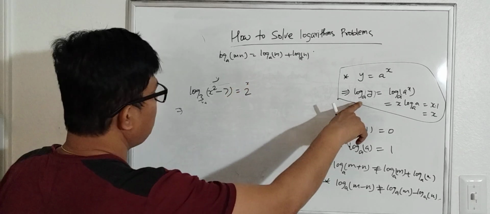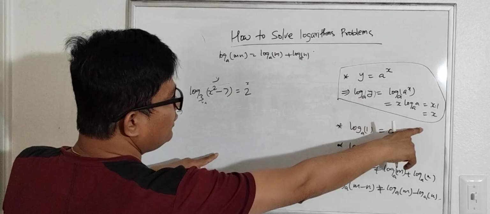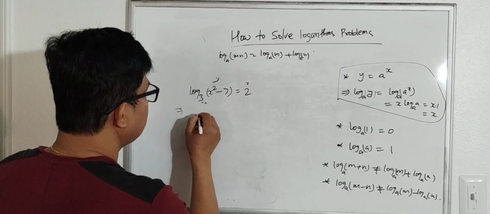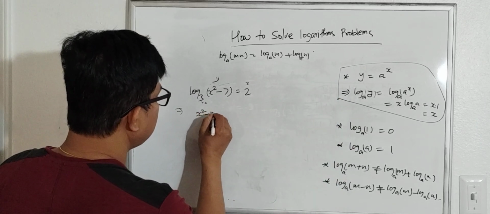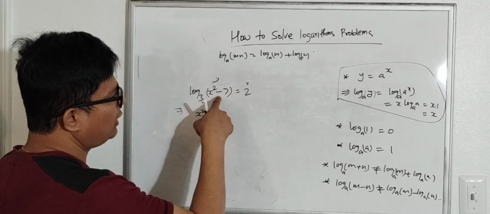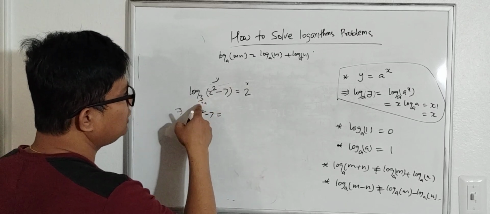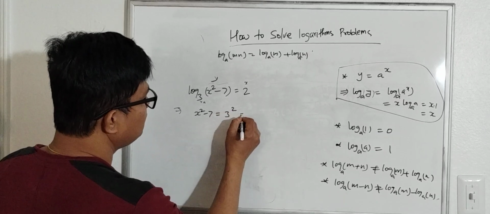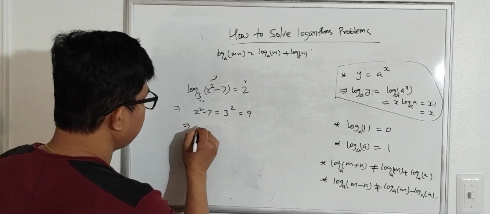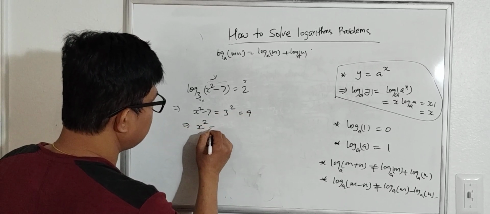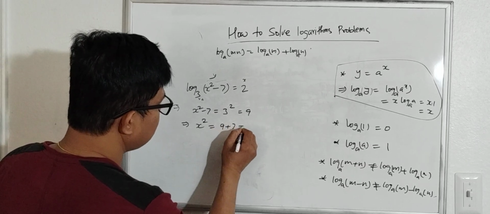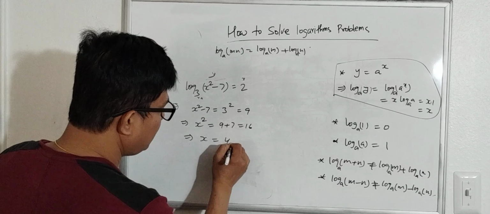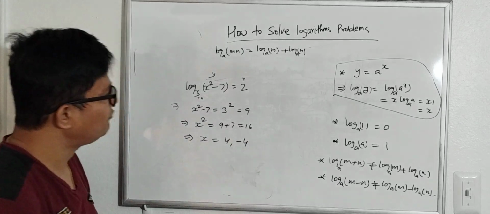So log a of y is equal to x means y is equal to a power x. So y is x square minus 7, correct? This is y. And a is what? 3. X is what? 2. So this is 9, which will give me x square is equal to 9 plus 7, which is 16. So x will be again both 4 and minus 4.